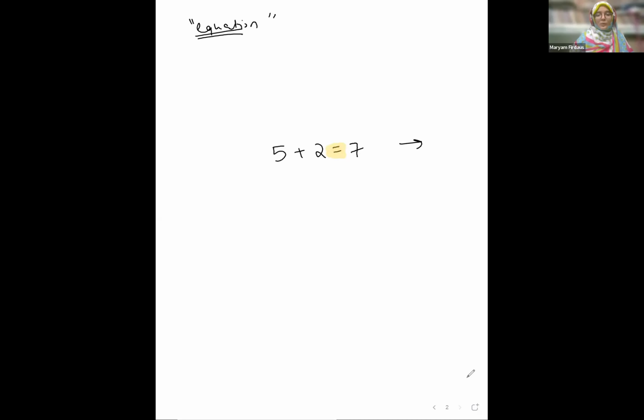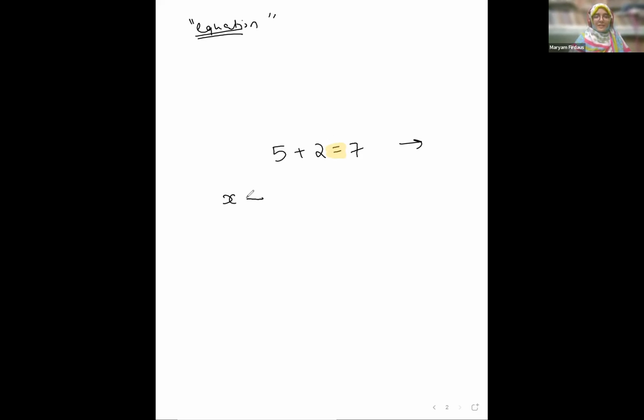Now many a times we need variables in certain equations so that we can solve real life problems. For example, there's a certain shop, a milkshake shop.